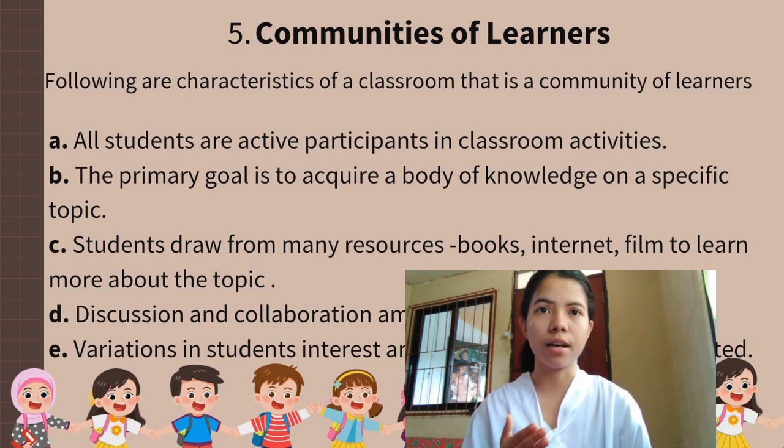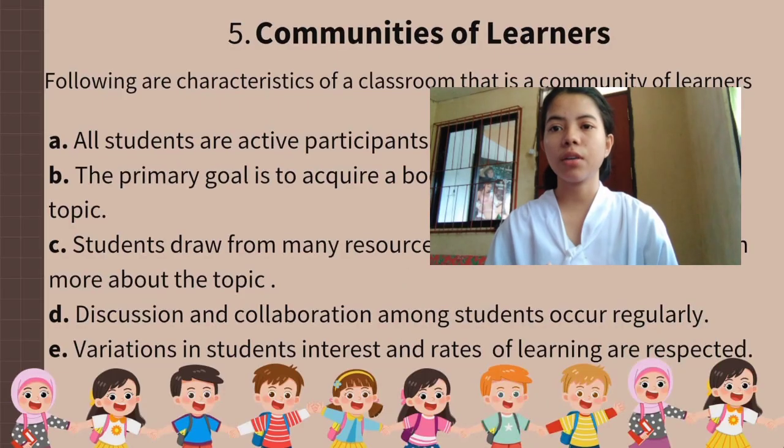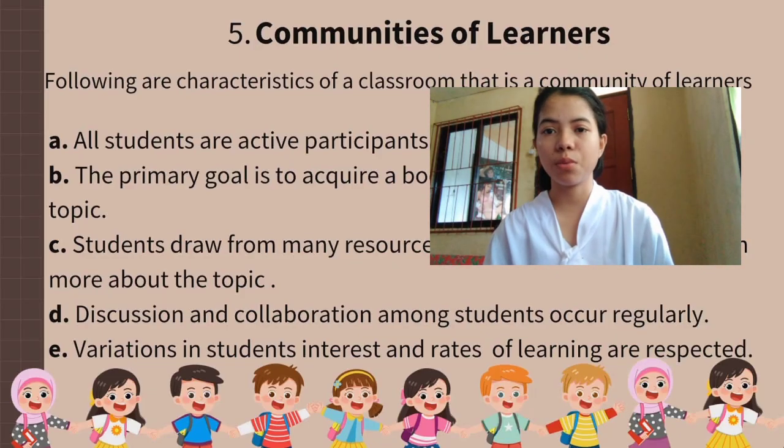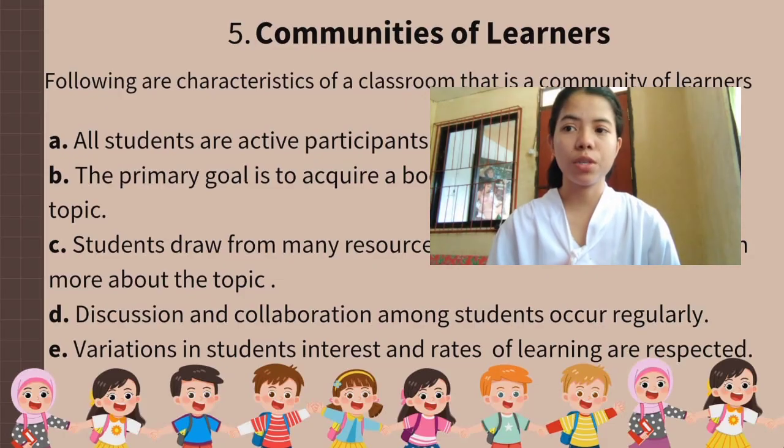Next, students draw from many resources such as books, the internet, and film to learn more about the topic. Next, discussion and collaboration among the students occur regularly. Then, variations in students' interests and rates of learning are respected.